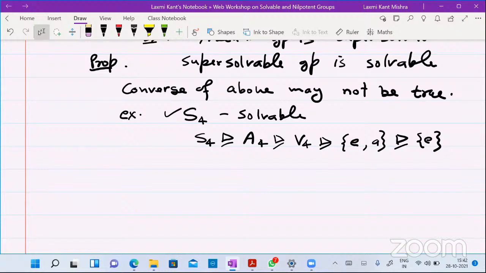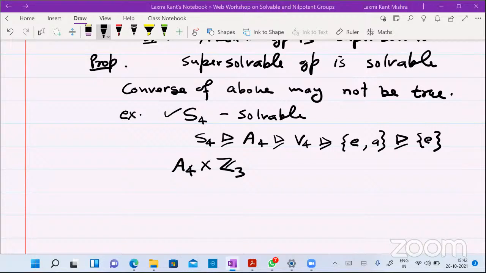Okay, just take another example like A4 cross Z3. Anupam, you're saying it is a quaternion group of order 8, but I don't think so.